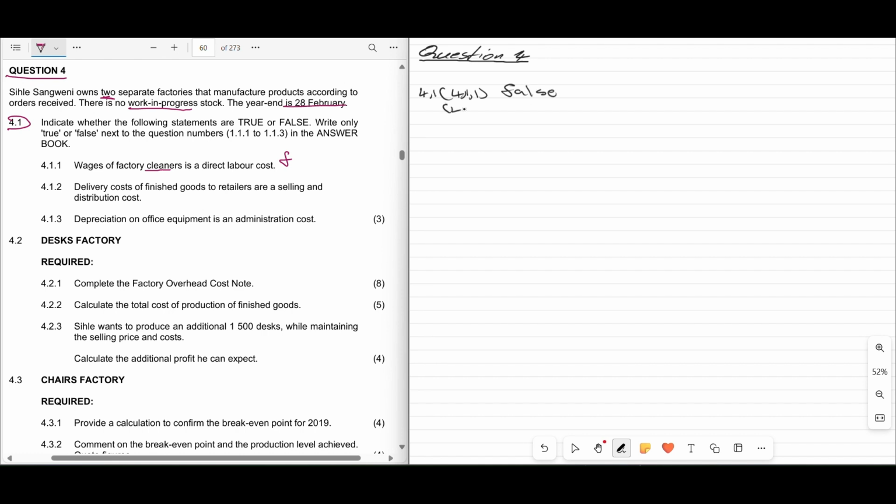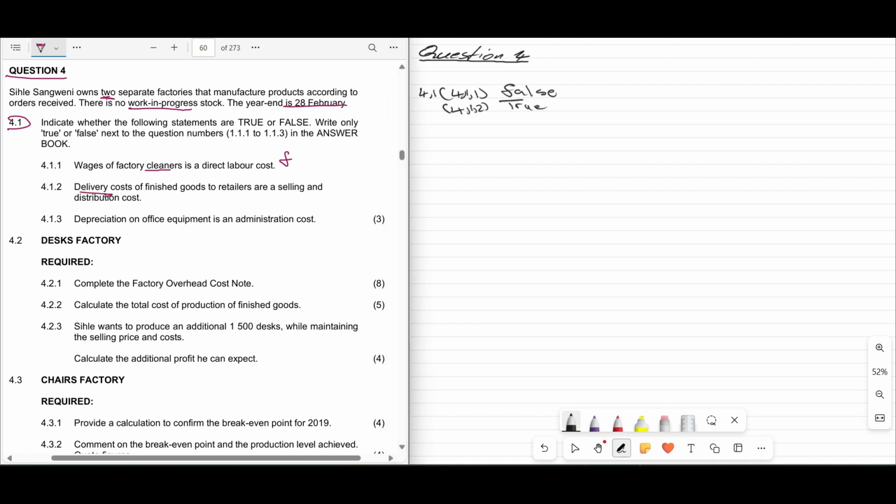Then we have 4.1.2. They are saying that delivery cost of finished goods to retailers is a selling and distribution cost. This is true. Why am I saying this?